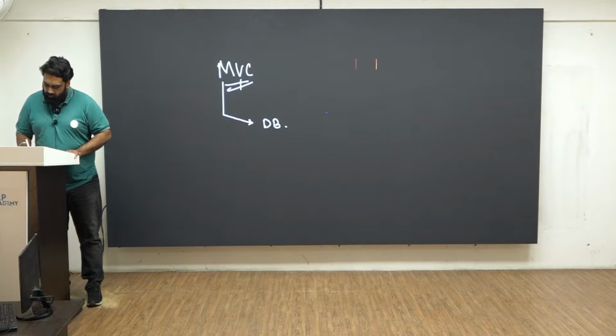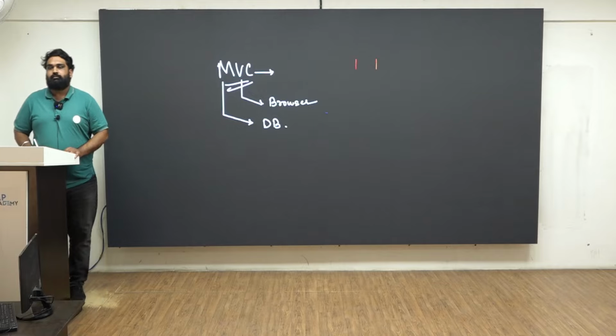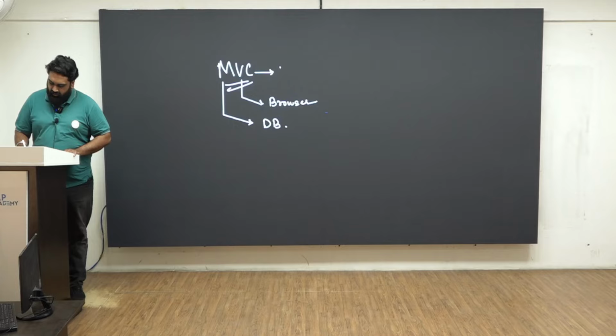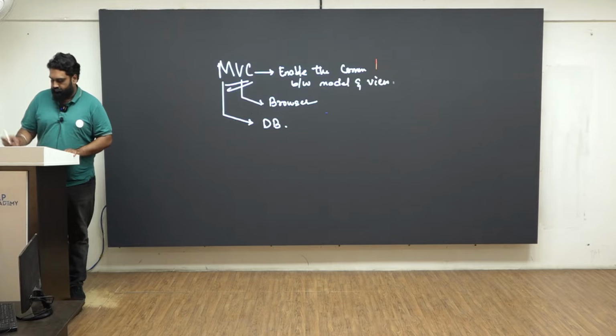So what is the duty of the view? Sir, view always interacts with the browser. What is the duty of the controller? So it has to enable the communication between model and view.